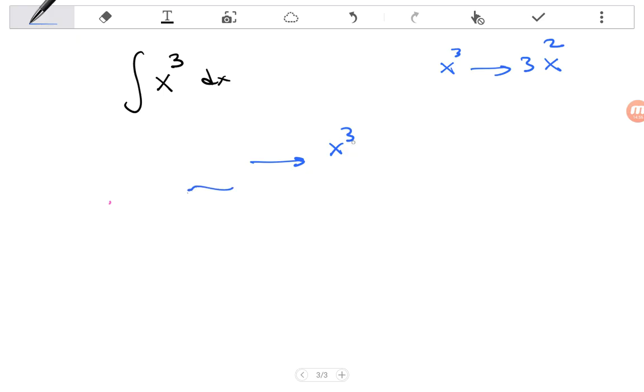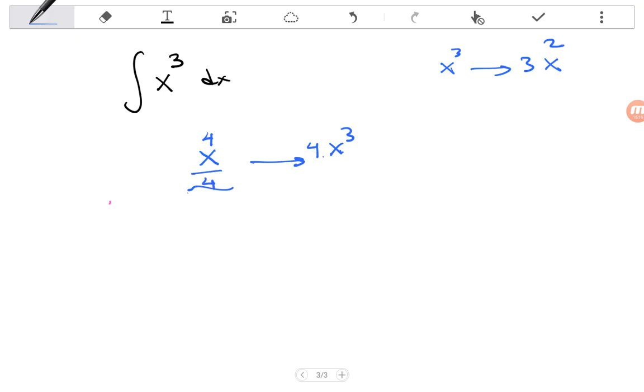So I need a function that if I differentiate it, I get x power 3. It is obvious that this function will be x power 4. But if I differentiate x power 4, I will get 4 x power 3. No, I just need x power 3 only without this 4. So what would I do?